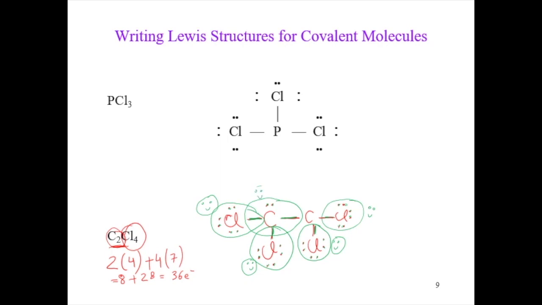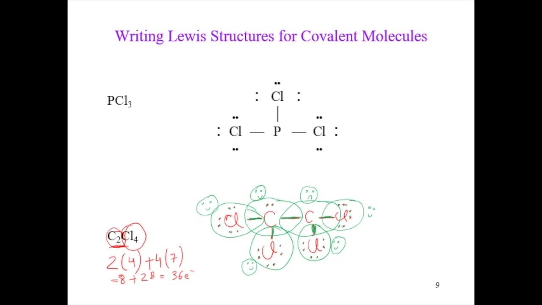This chlorine has 1, 2, 3, 4, 5, 6 electrons. So this carbon, sorry, did I say chlorine? This carbon is not happy, which means it needs another lone pair of electrons. If it isn't happy, you basically take the electrons from the attached atom and give them to this central atom.